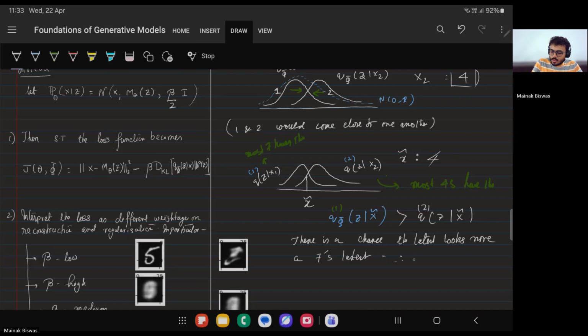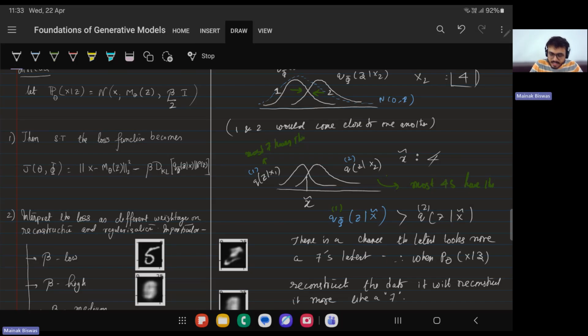Therefore, when p theta of x given z reconstructs the data, it will reconstruct it more like a 7. Because we can clearly see that this probability under the first distribution, which is the 7's canonical distribution, is higher than under the 4's canonical distribution, although the data comes from the 4's distribution.